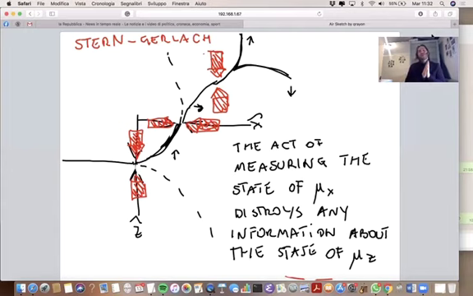Even if before my states were purely polarized in one direction, the fact that I measure the other component mixes up the polarization states of the previous direction, the z direction, and now when I remeasure the z direction, they're equal probability.